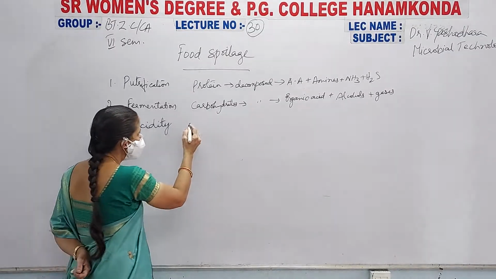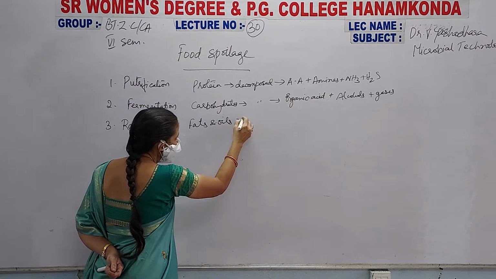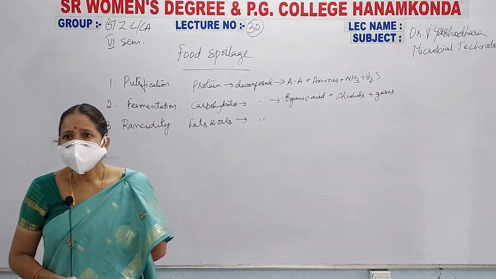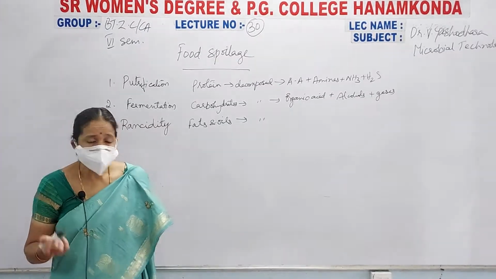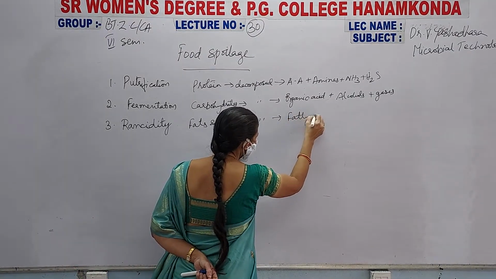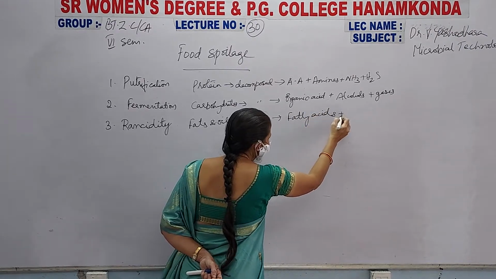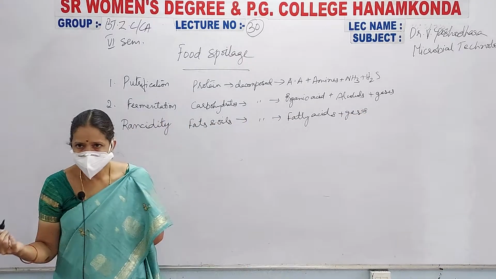Coming to the rancidity, here fats and oils get decomposed by means of hydrolysis or incomplete oxidation. The fats and oils are converted to fatty acids plus gases which cause some smell in our oil.